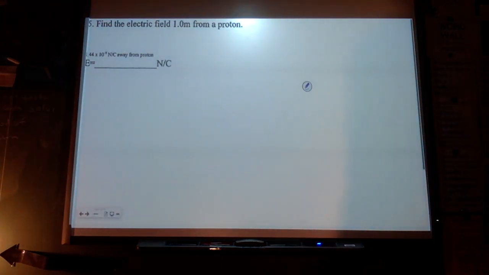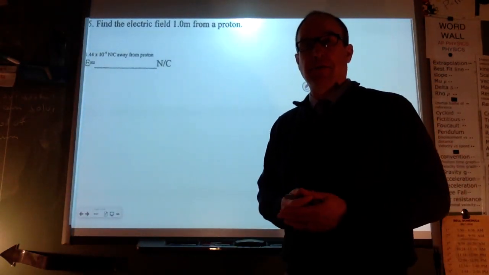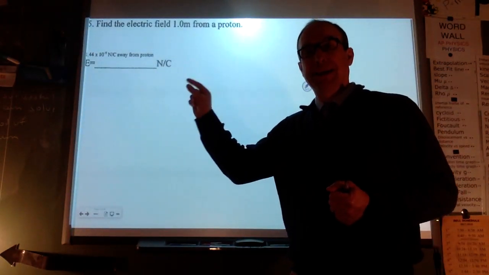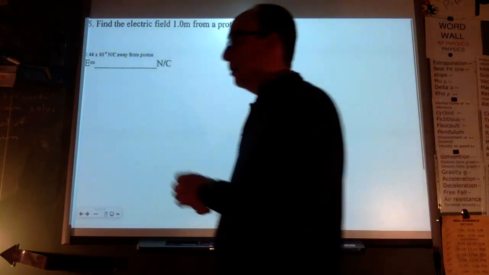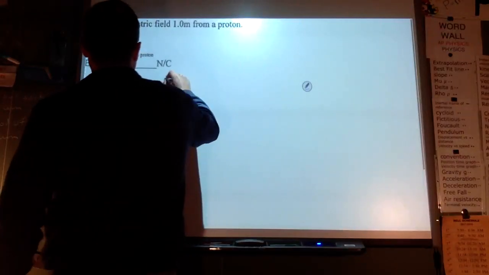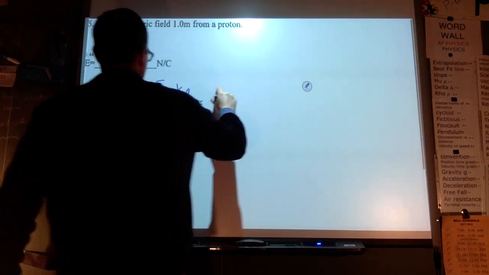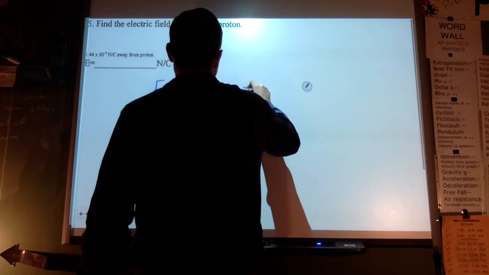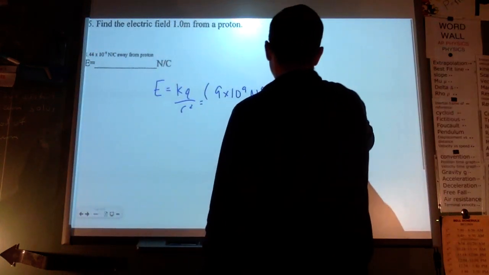All right, find the electric field 1 meter from a proton. So a single charge can have an electric field, and it's just saying what that field is at some point away from it. So, again, we have kQ over r squared. I have 9 times 10 to the 9th newton meter squared per coulomb squared.